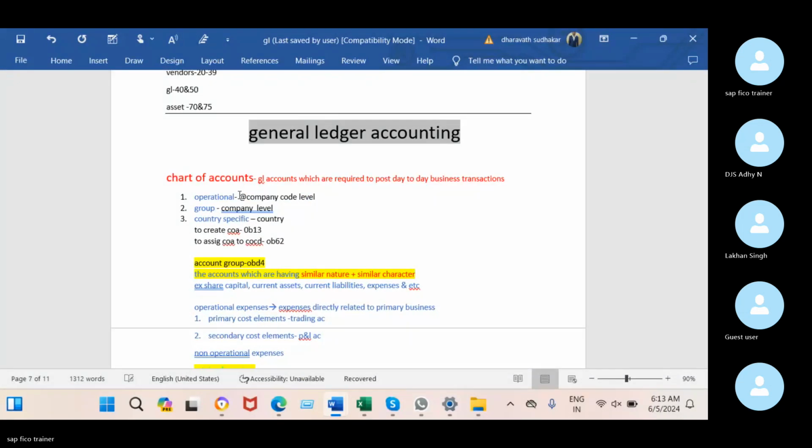Group chart of accounts: the accounts which are required to record day-to-day business transactions at company level. Country-specific chart of accounts: accounts required to record day-to-day business transactions at a specified country level.